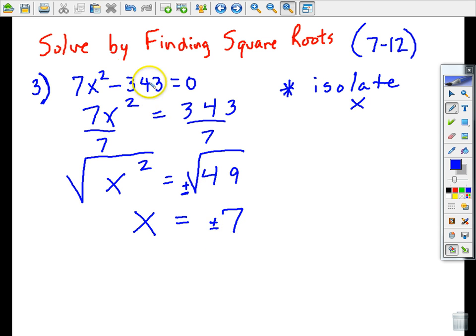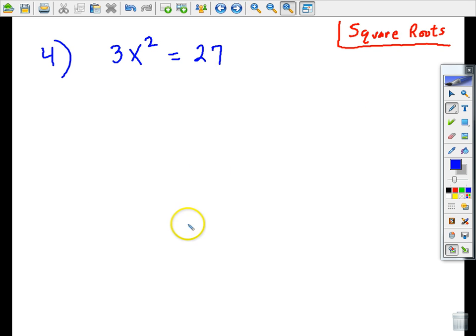Number 1, keep in mind you're supposed to be finding 2 solutions. And if you just write the positive down, you haven't written 2 solutions. And then we're just going to drill this. I want you to make this part of showing your work. Square root of both sides, and then include plus minus in front of the number that you're taking the square root of. Okay, let's try another one of those.